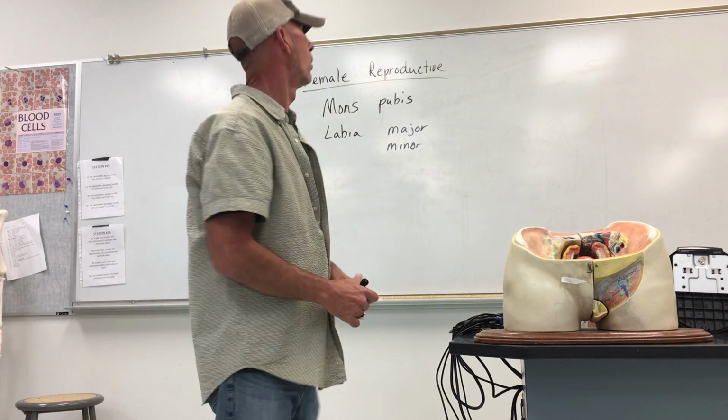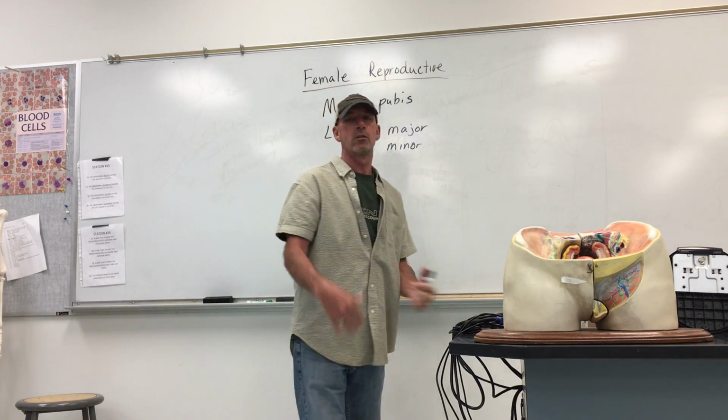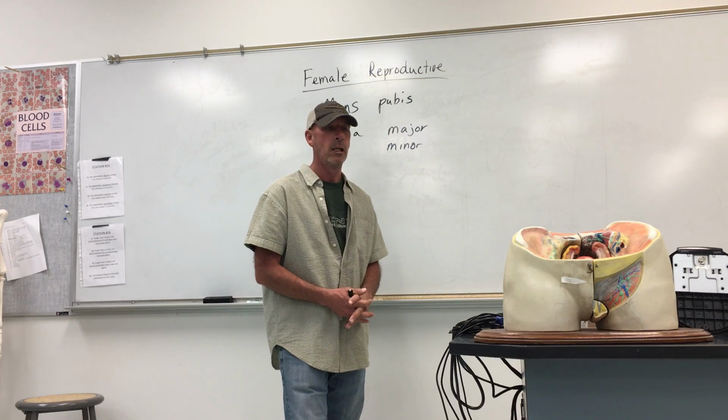The labia, of course, enclose these two major openings into the female's body, as I was just pointing out on the model. The vaginal opening goes in internally into the female's body, terminating the vaginal canal to the cervix of the uterus.